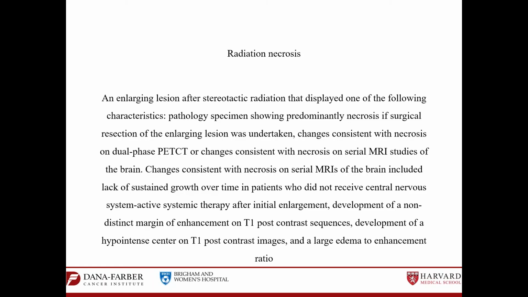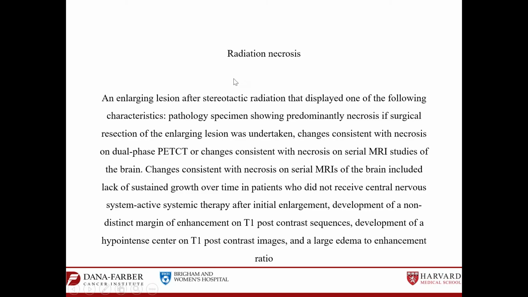But at the four to six month interval, sometimes you will see some progression in the lesion that you are treating already, and you would not expect that. You would expect either shrinkage or stabilization, right? So if you are seeing progression of that lesion, you will be in a dilemma about what's going on. Is that a true tumor progression that is not controlled by radiation, or a radiation necrosis?